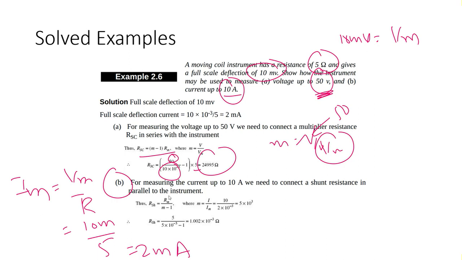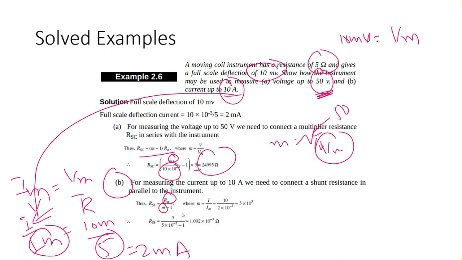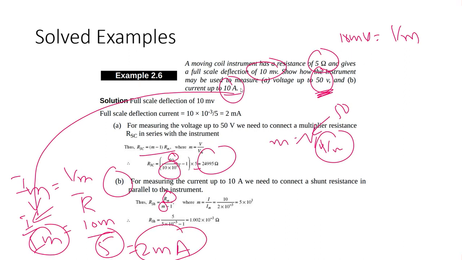Now we can use this formula: Rs is equal to Rm divided by (M minus 1), where M is I divided by Im for an ammeter. I is 10, the final full scale current, and Im is the initial full scale current, calculated to be 2 milliampere. So M is 10 divided by 2 milliampere, and Rs turns out to be 1 into 10 power minus 3 ohm.